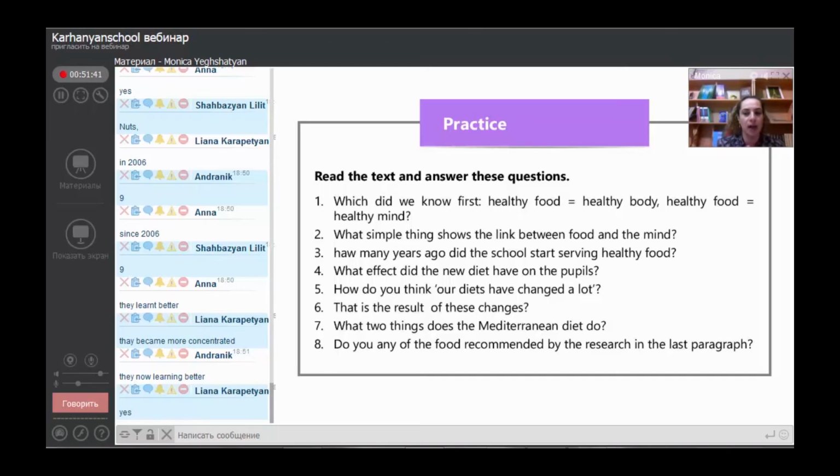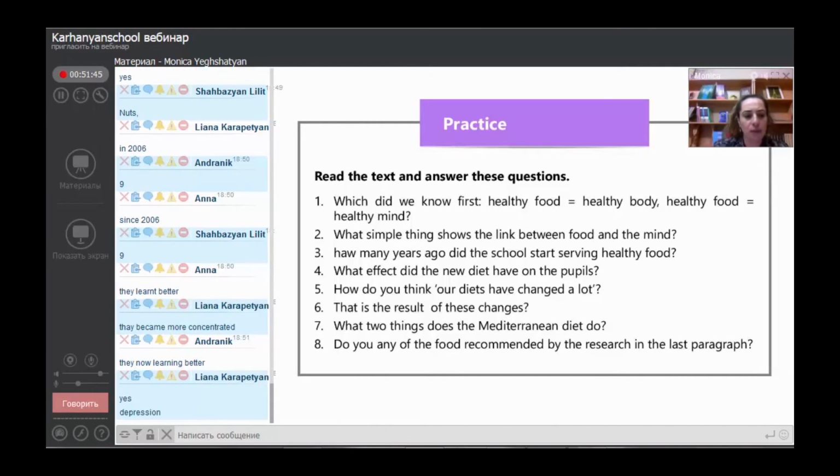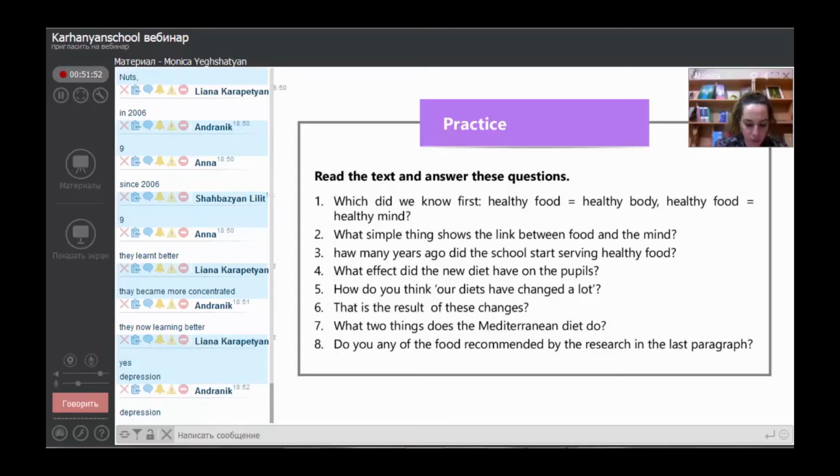Not the pupils' diet, the adults' diet. Because now the depression, yeah. And what illnesses? What illnesses, the number of what illnesses has increased? The number of mental illnesses increased, yeah, nowadays.